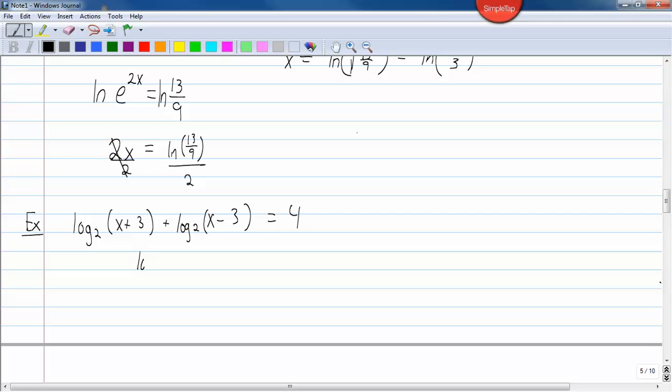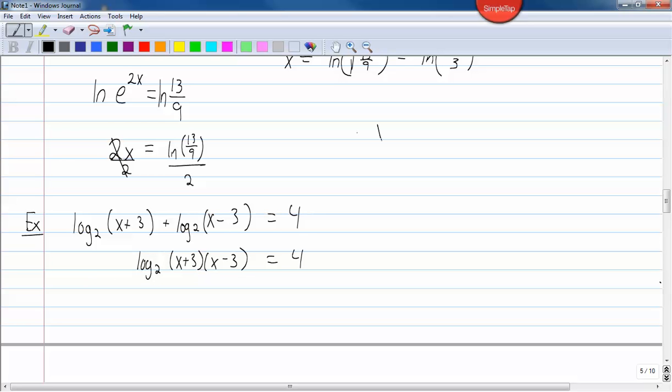So this is equal to log base 2 of x plus 3 times x minus 3. Once we've applied that logarithm property, then what you can do is change this over to an exponential.